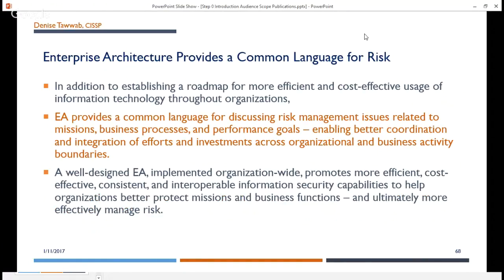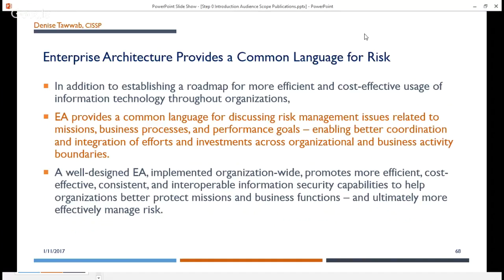In addition to establishing a roadmap for more efficient and cost-effective usage of IT throughout organizations, enterprise architecture also gives us a common language for discussing risk management issues related to missions, business processes, and performance goals, enabling better coordination and integration of efforts and investments across the organization and business activity boundaries.